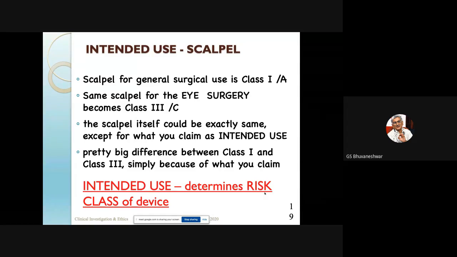Same scalpel, if you say it's intended for eye surgery, becomes a class 3 in Europe or a class C device in India. The scalpel itself could be exactly the same, except for what you claim as intended use. So please remember there's a lot of difference between class 1 and class 3, or class A and class C.